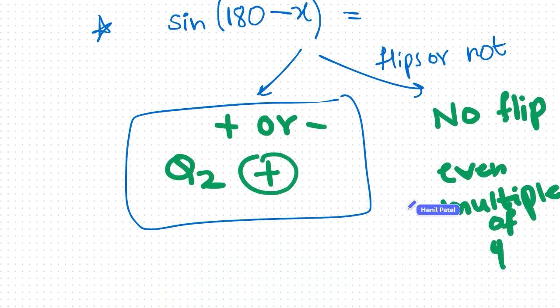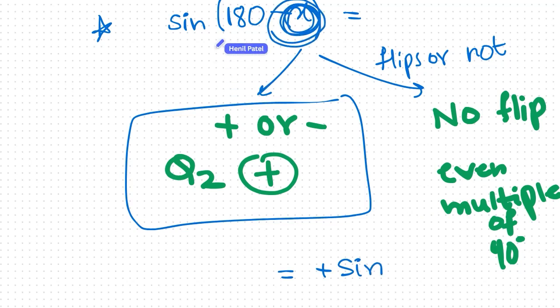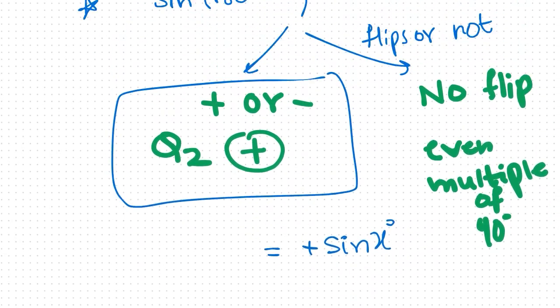That's it. So the answer will be sine of whatever angle is left, x degrees. Positive sine x. So this is the process.